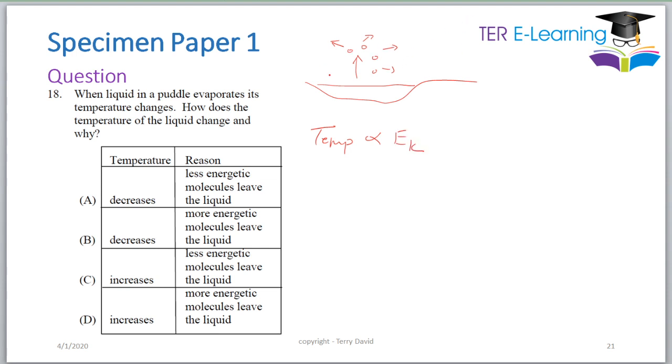So if molecules are escaping from the liquid, the average kinetic energy of the remaining liquid decreases because the most energetic molecules have left. So the temperature is going to decrease as the more energetic particles leave the liquid. The only answers saying that are A and B. And the reason, well, I already said it: more energetic molecules leave the liquid. So the answer in this case has to be B.